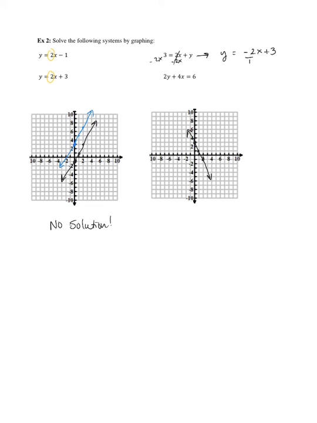And on this next one, I'll subtract 4x from both sides, so I get 2y equals negative 4x plus 6. Dividing through by 2, you can see that this line is the same, y equals negative 2x plus 3. So when I graph this one, it's exactly the same. This is an example where there's an infinite number of solutions.